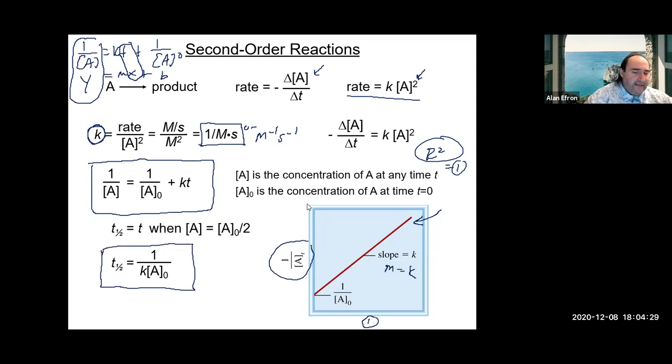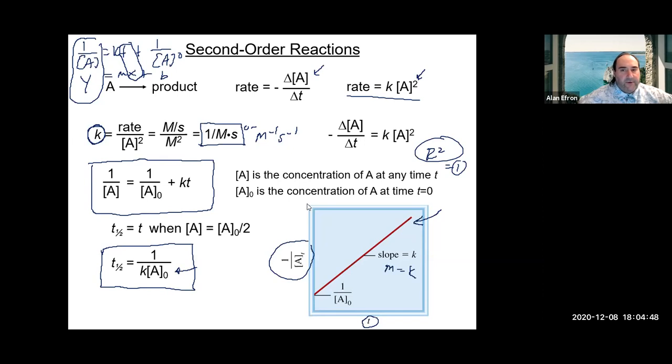The half-life in a second order reaction is 1 over k times the initial concentration. So unlike a first order reaction, the half-life is dependent on the initial concentration that is present.